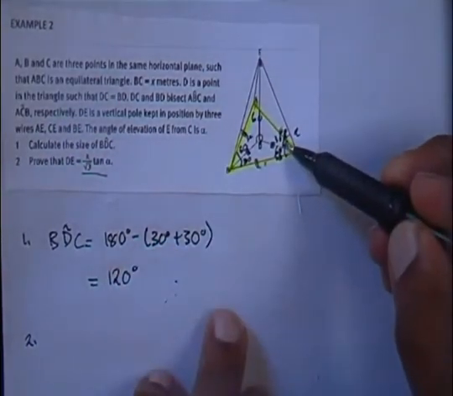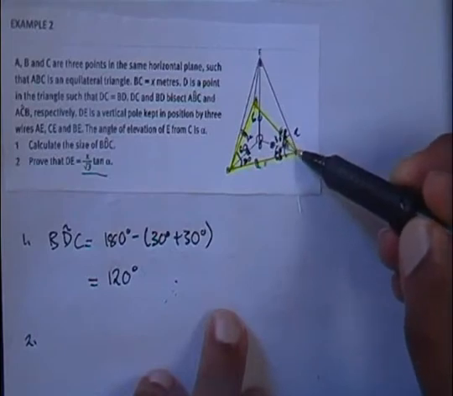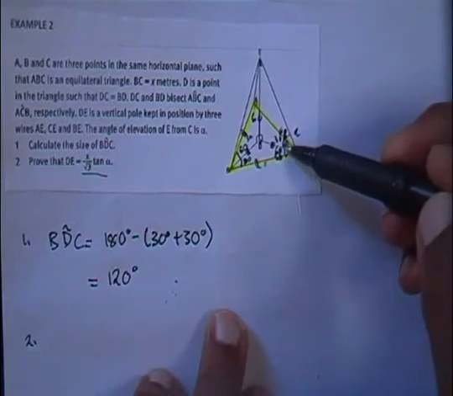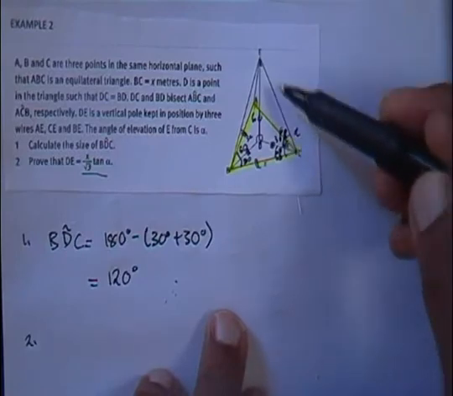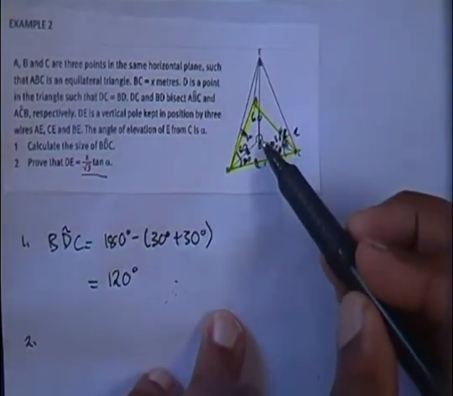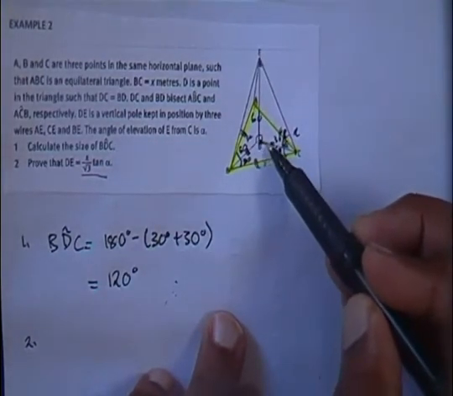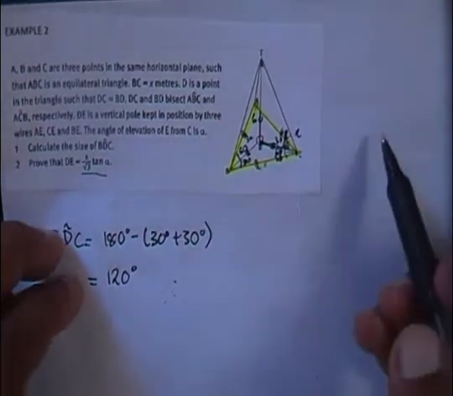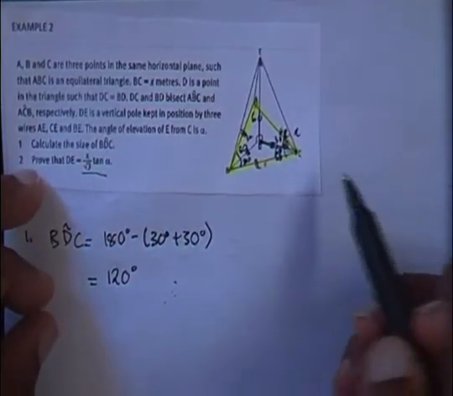We know the angle of elevation to point E from here is this alpha over there, right? The angle of elevation, so that is alpha. And now what we need to find out is this line here, DC. So now the question is, how are we going to do that?